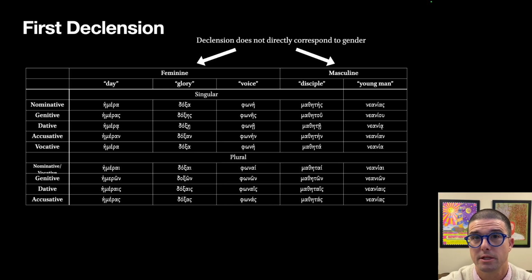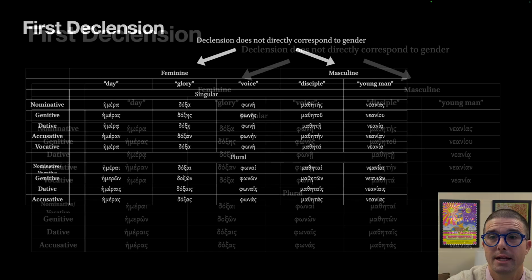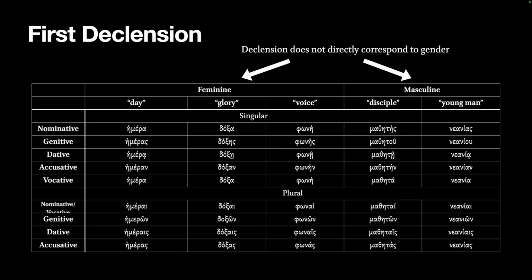This is the information that's presented to you in the textbook. And so we have the endings added on to the base form of the noun. So in the case of hemera up here, hemer is going to be our base form. In the case of doxa, dox is going to be our base form. Phone, phon is our base form. Mathetes, mathet is going to be our base form.